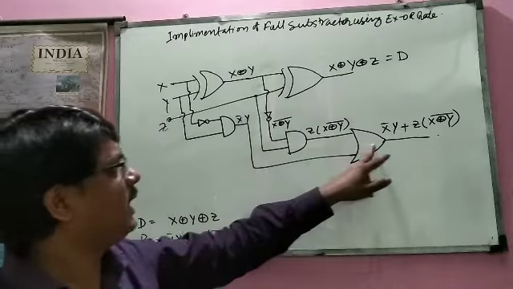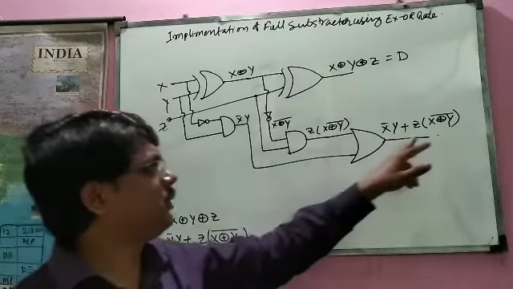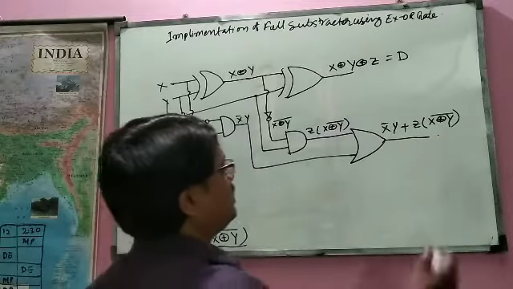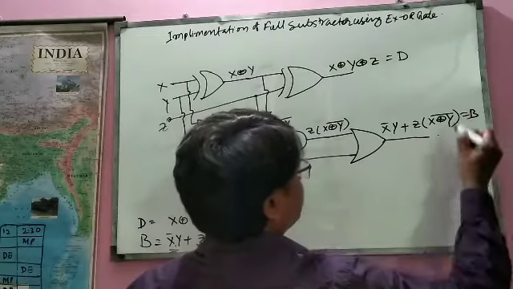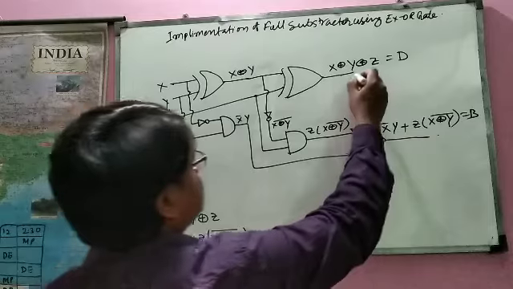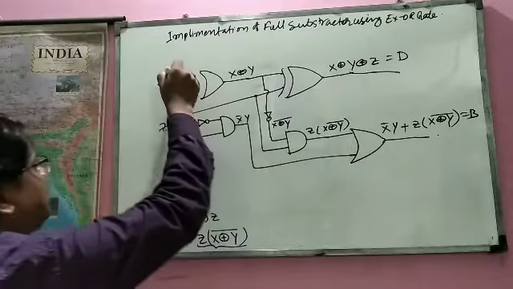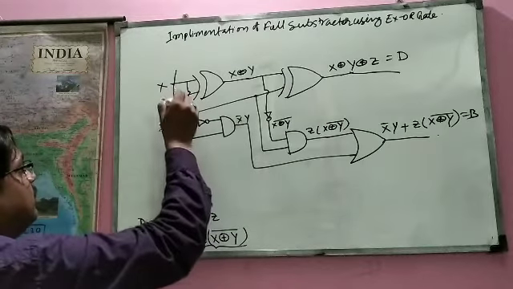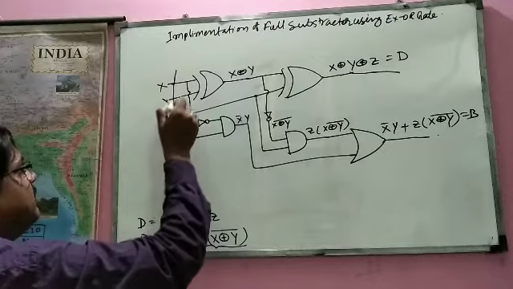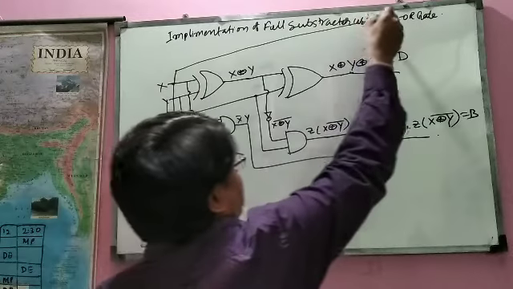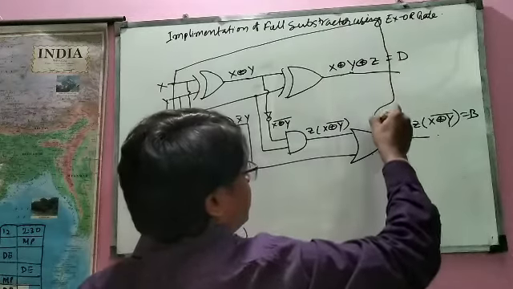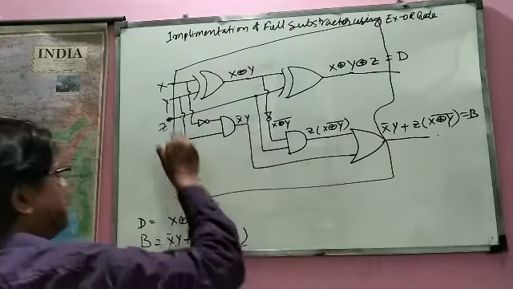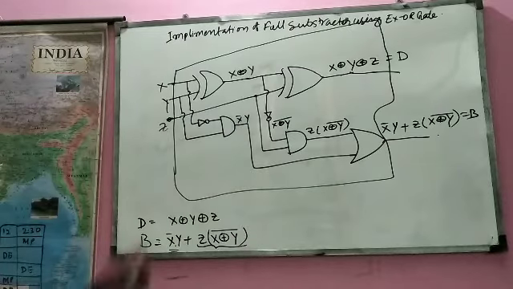Okay, and finally adding these two inputs together we are getting the borrow. Okay, so if we see, this is x, this is y, and this is z. Okay, and see here, this is the circuit inside a full subtractor.